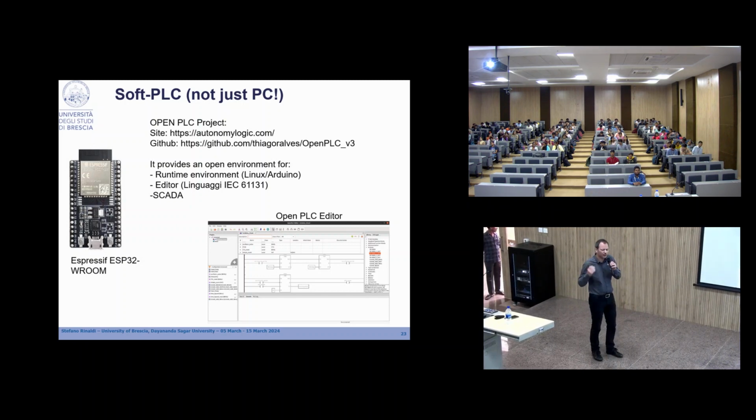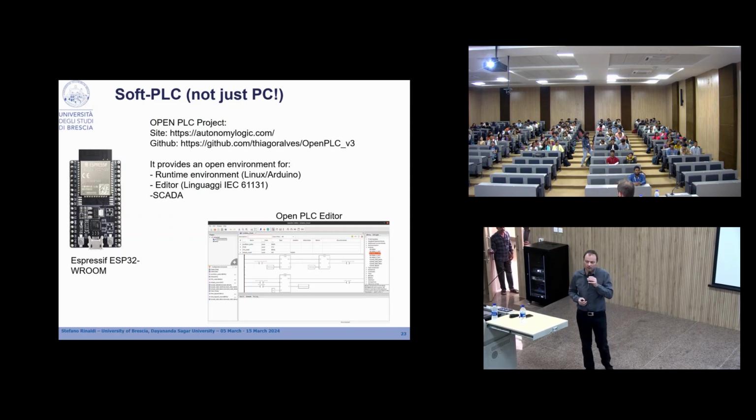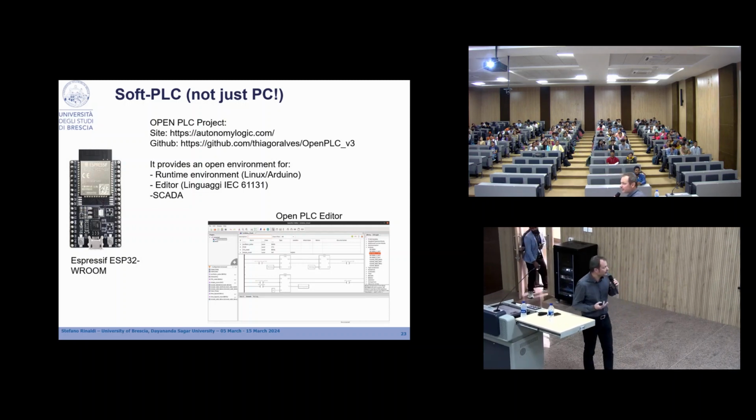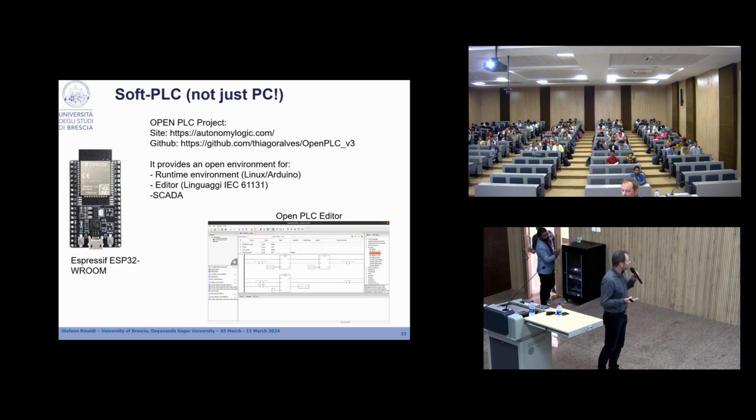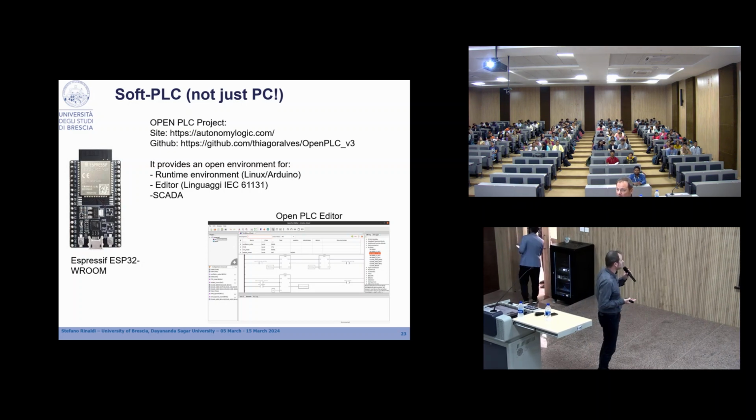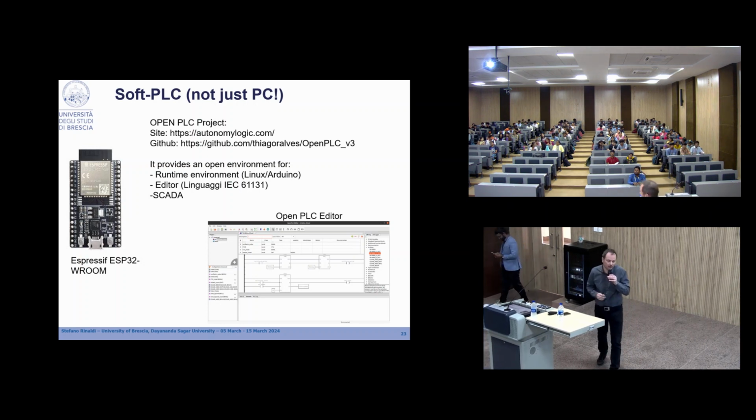I don't know if you know the ESP32. It's a very famous low-cost microcontroller. So basically, we can run a soft PLC on a platform that costs probably $2–3 or less.